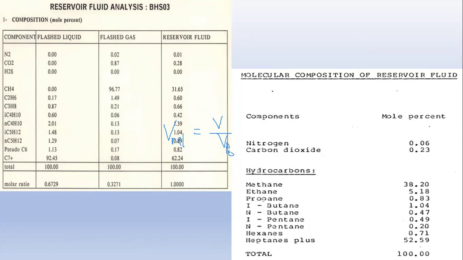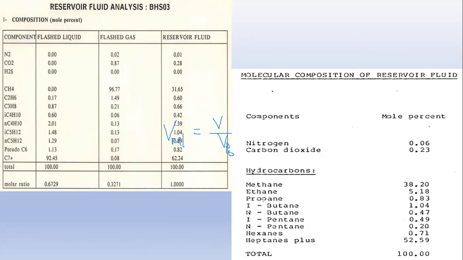It will also help us to select our EUR method of production, and also it will help us a lot when we want to optimize our production. So basically, we need to know the kind of fluid we are dealing with so that it will help us design a process that will optimize our production.